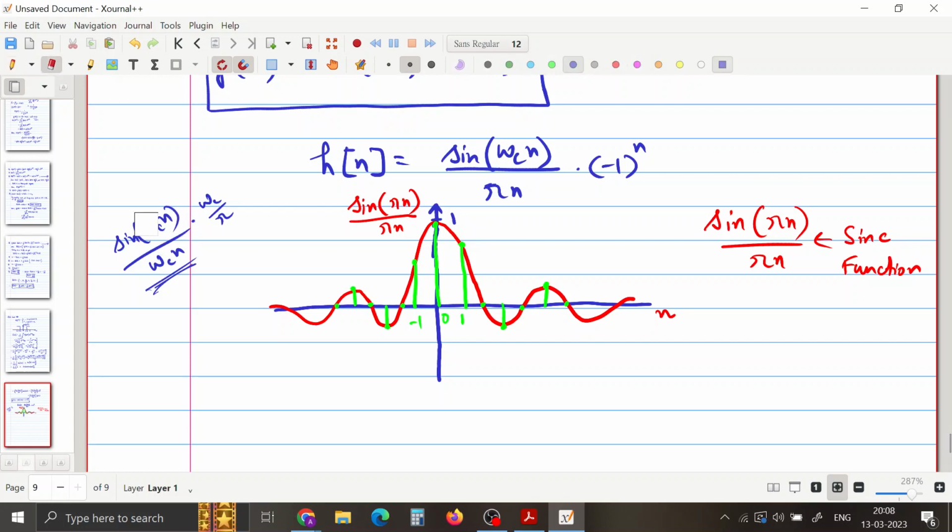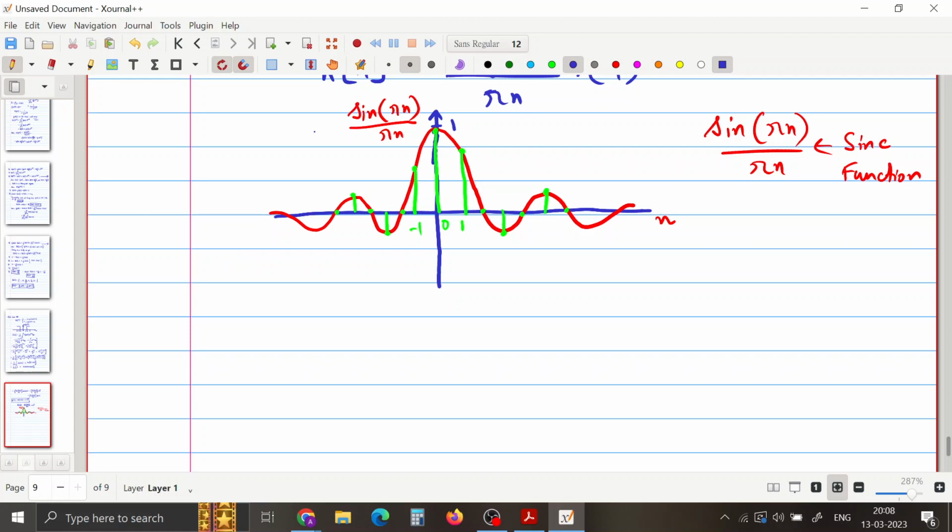So what I want to say is, we also have a factor of minus 1 to the power n multiplied. So basically we will have the same form as the sinc function, but due to this minus 1 to the power n factor, at every consecutive sample we will have a flipped sign.